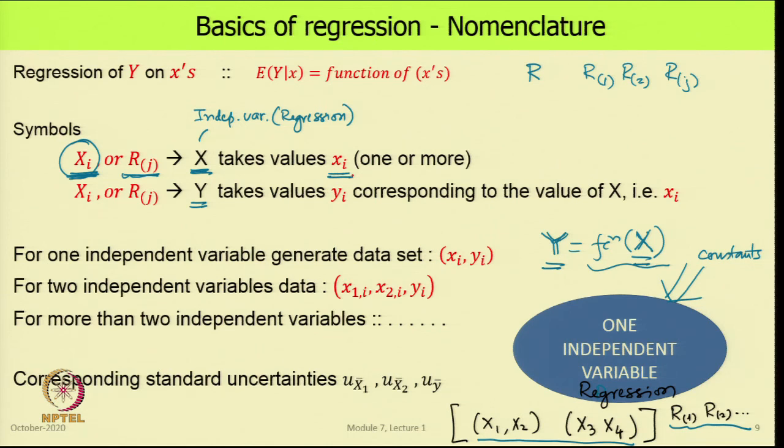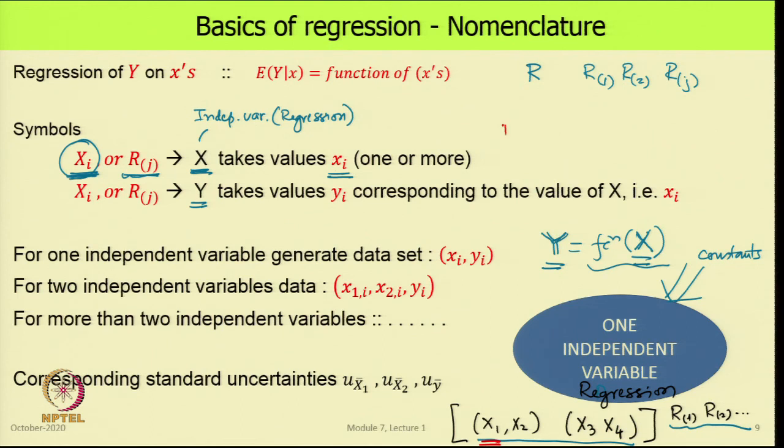It is the value of the independent variable that we have chosen. It does not mean that these are the values of the variable xi, or say if this is x1, it does not mean that it is a value of variable x1, which was this variable here. This means that I am taking a value and assigning a value to either of these xi's or to any of the rj's which I have selected.